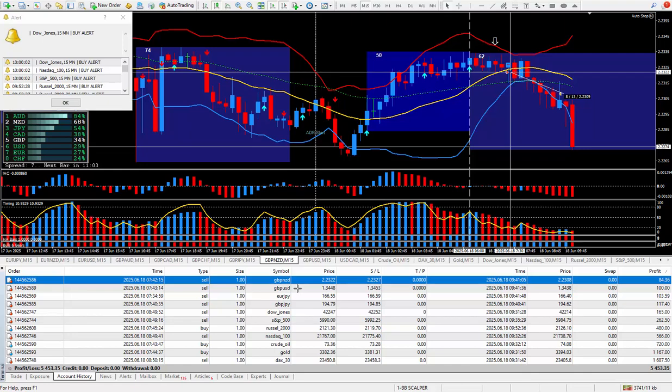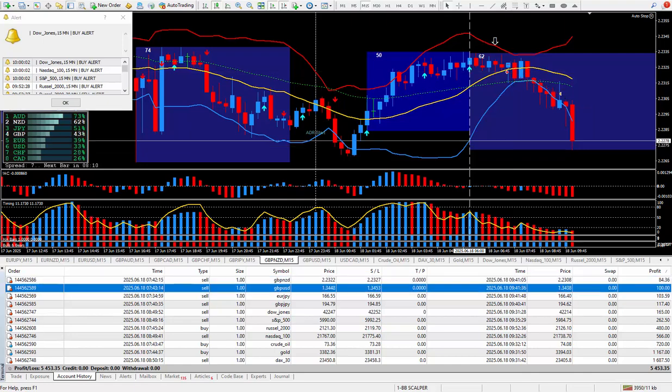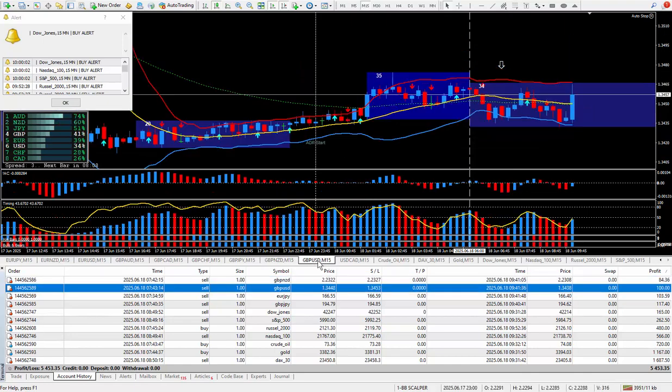which is the pound dollar. So let's take a look at this pound dollar. Wanted to be selling it, so let's drag and drop this up, see where I got in at. Sold it here, and it did not move a lot, but I'm not looking for a lot, especially on the Forex pairs.